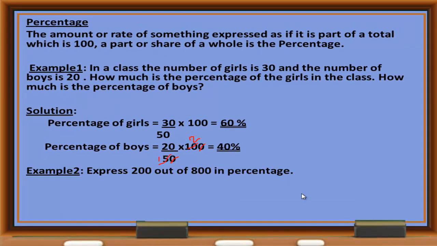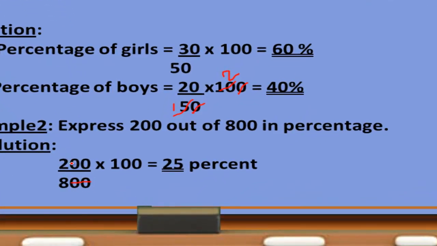Example number 2. Express 200 out of 800 in percentage. Solution. This is 200 over total. 800 is total. 200 over 800 times 100. These two zeros will be cancelled with these two zeros since they are at the last of the digits.